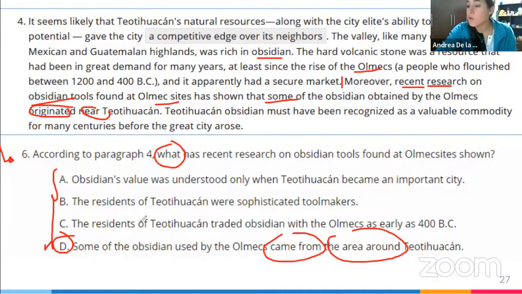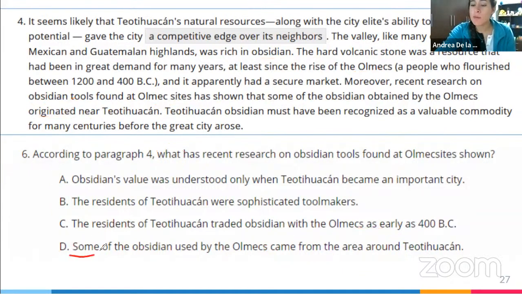Perfect. One thing that I also want you guys to be really careful with is these modifiers. Modifiers are words that modify the noun. That means that they limit the noun or describe the noun in a way. So in this case, it's very common to have traps with these words. Let's say that option D says all of the obsidian obtained or used by the Olmecs came from.